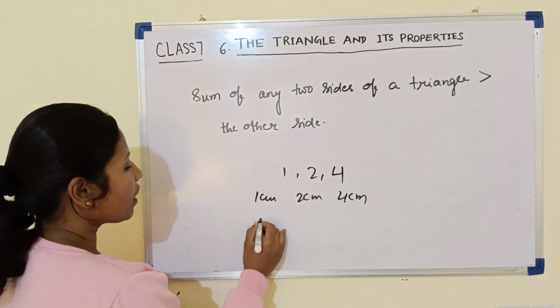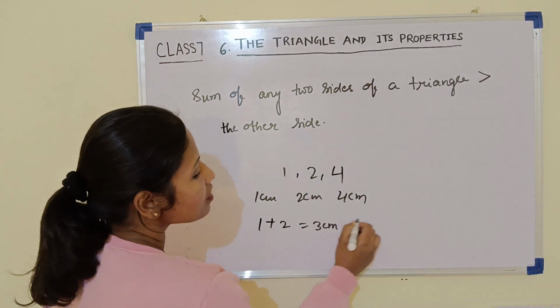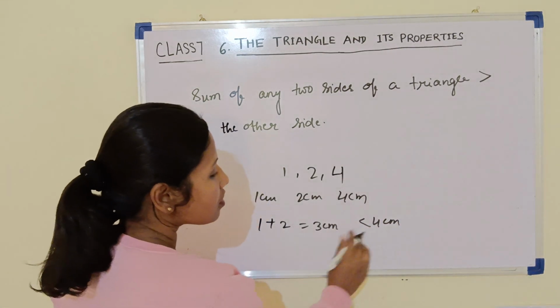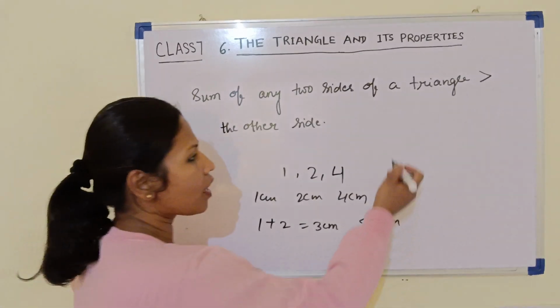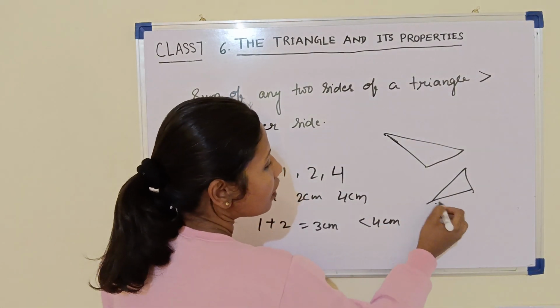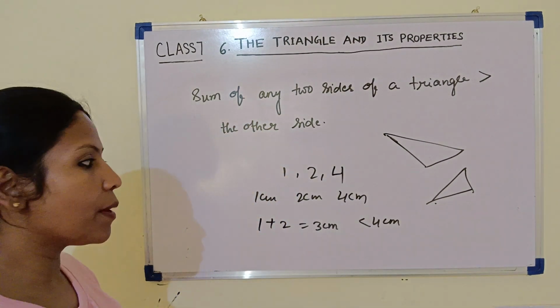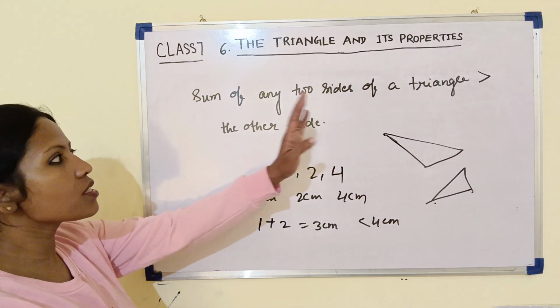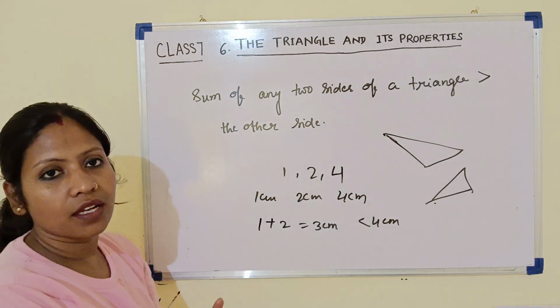Why? Because 1 plus 2 is 3 centimeters, which is less than 4 centimeters, the third side. You can draw many different kinds of triangles and measure them, and in the experiment you will find that the sum of two sides of a triangle is always greater than the other side.